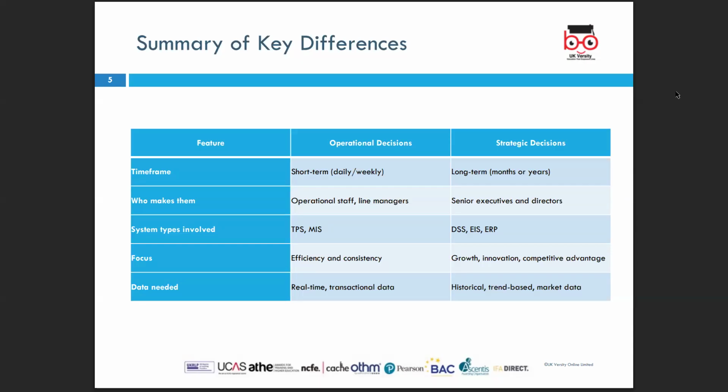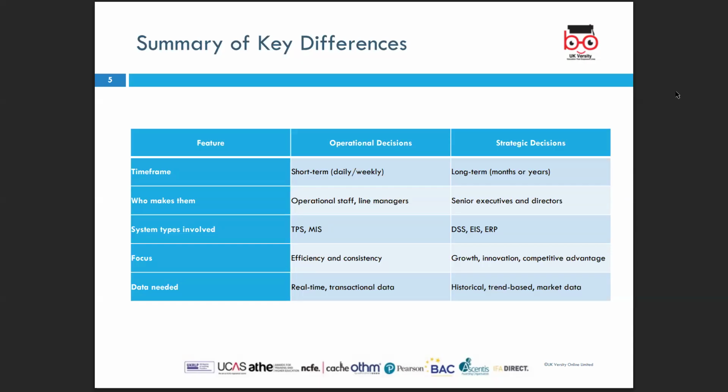System types involved. For our operational decisions, we have TPS and MIS, while for our strategic decisions, we have DSS, EIS, and ERP. Both of them we need to look into, what we're going to focus on, the priority.